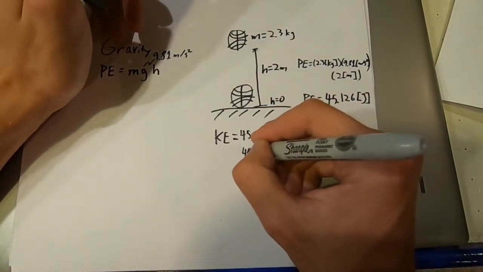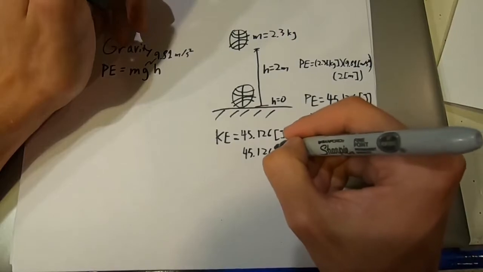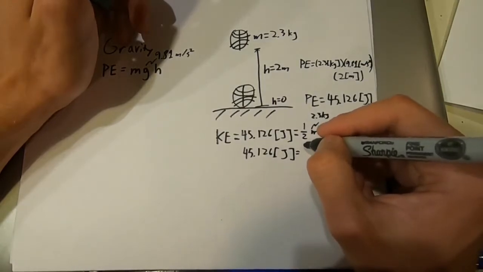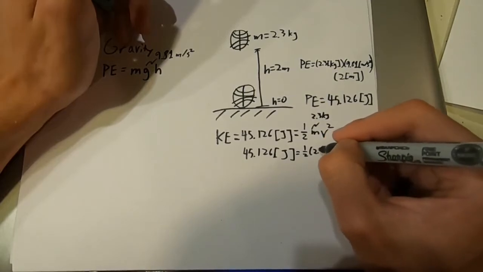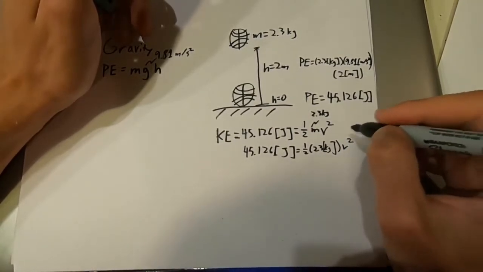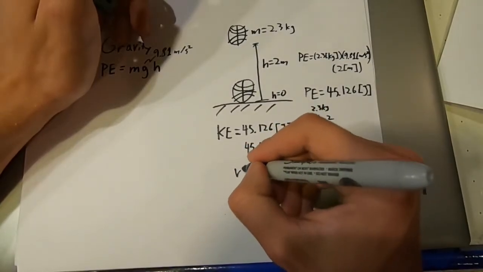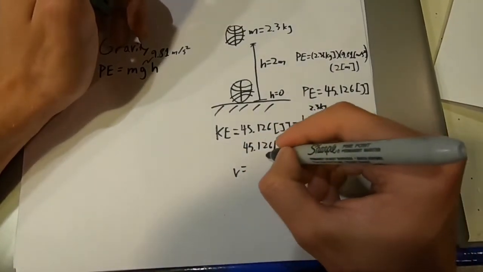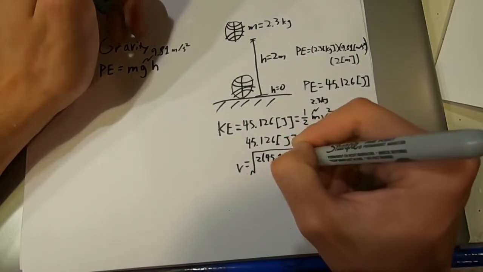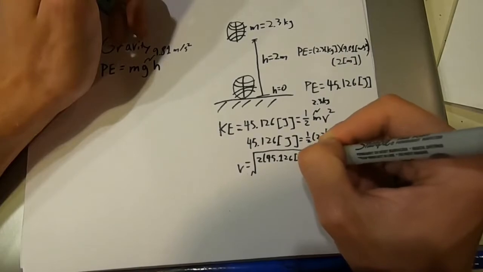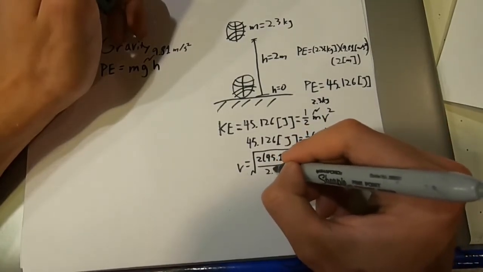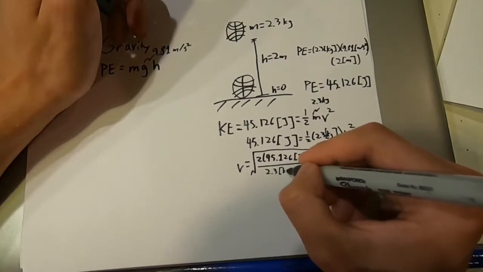So to do that, we have our 45.126 joules is equal to 1/2 times 2.3 kilograms times v squared, which when we rearrange this equation, we find that our velocity is going to be equal to the square root of 2 times 45.126 joules all over 2.3 kilograms.